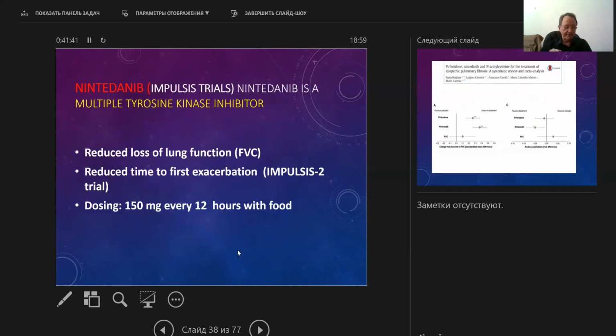Adverse effects, including diarrhea, vomiting, and increase of liver enzymes, should be corrected using anti-diarrhea drugs, loperamide, metoclopramide, and if ALT/AST increase more than 5 times above the normal range, we should stop this therapy.